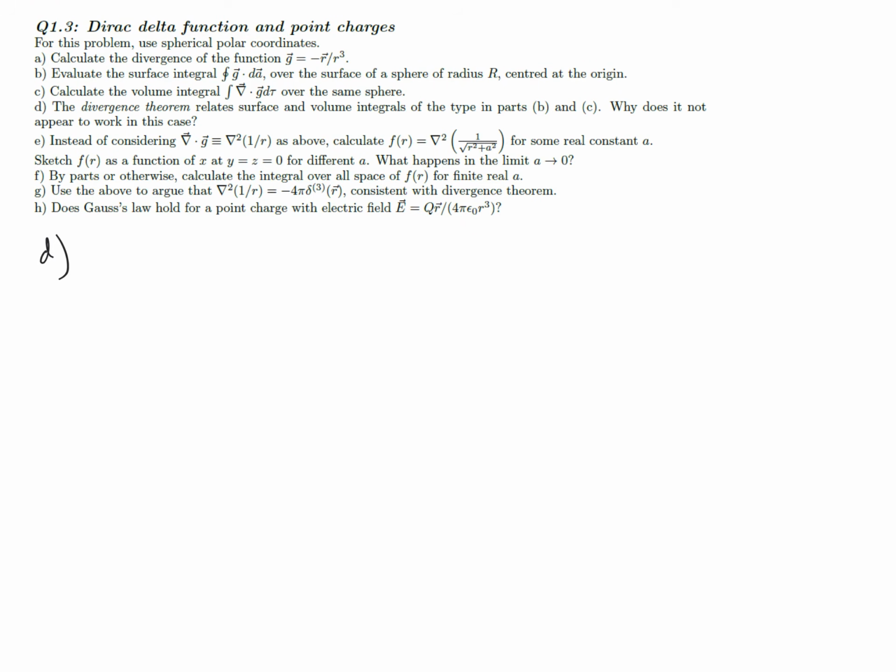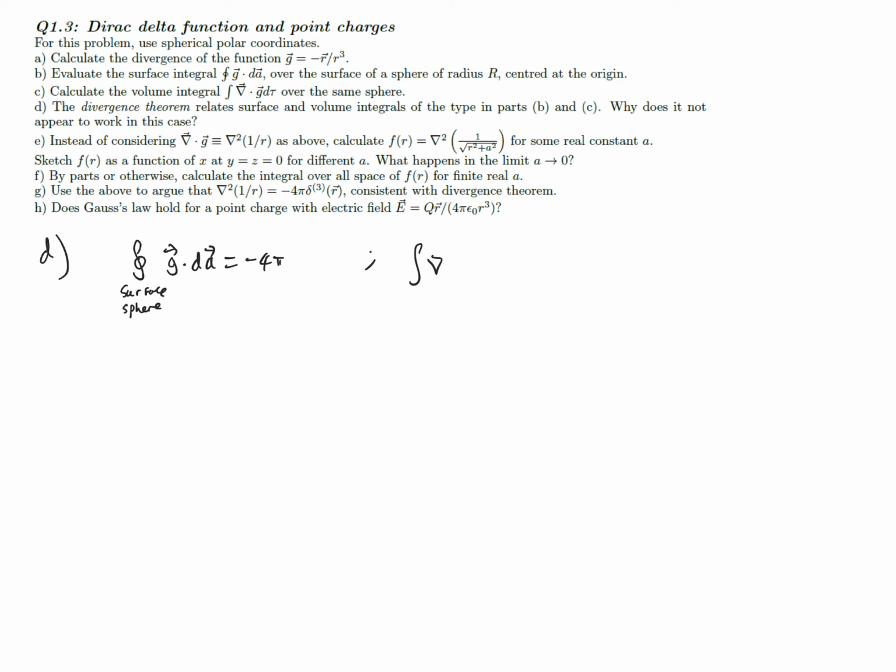So in part B, we had the surface integral. It's the surface of a sphere, in this particular case, of g dot dA. We found this to be minus 4 pi.